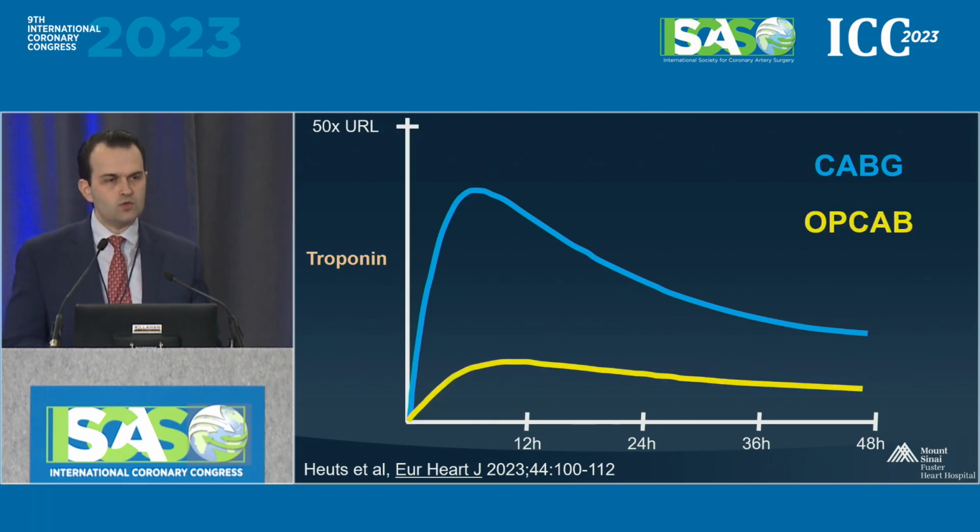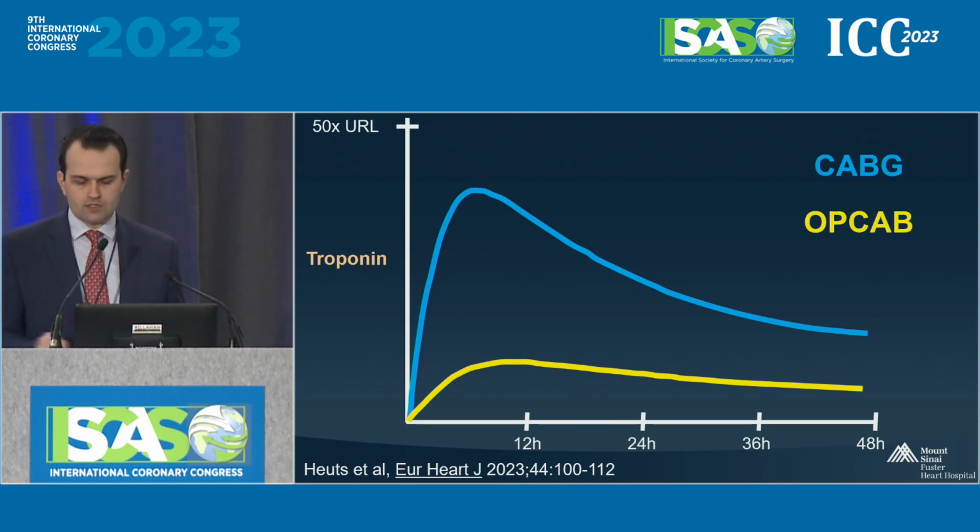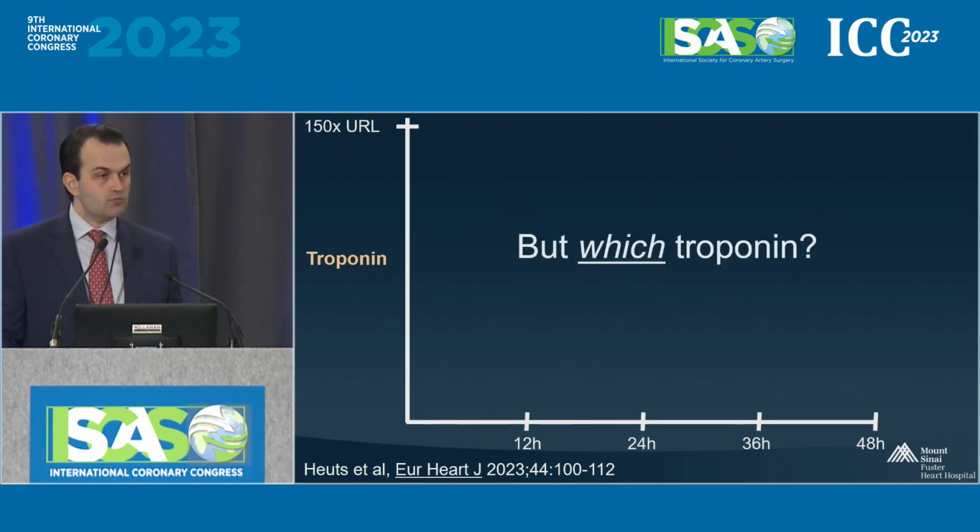Of interest, if you look comparatively at on versus off pump procedures, the magnitude of that spike is markedly different, really by a difference of more than twofold. I think it's pertinent to be specific about which cardiac isoform of troponin we're referring to.